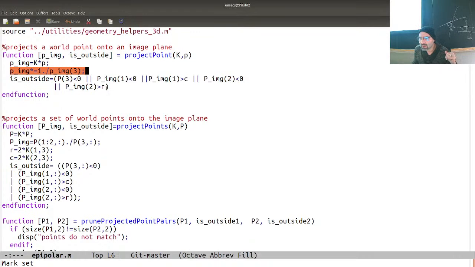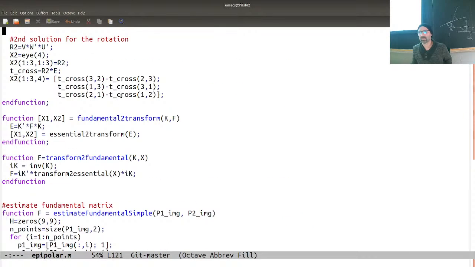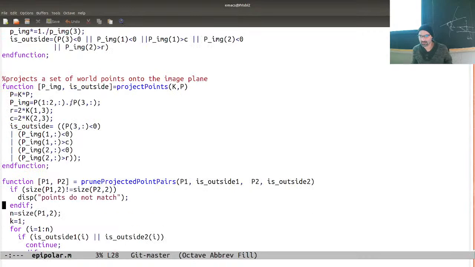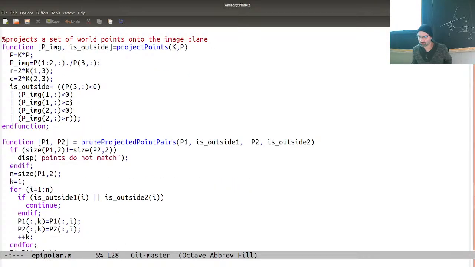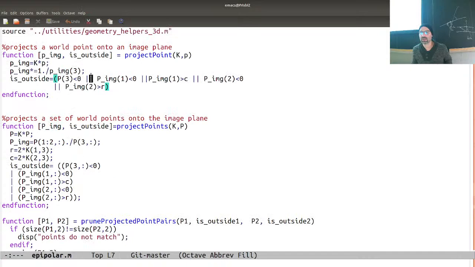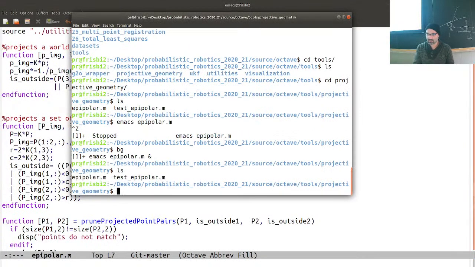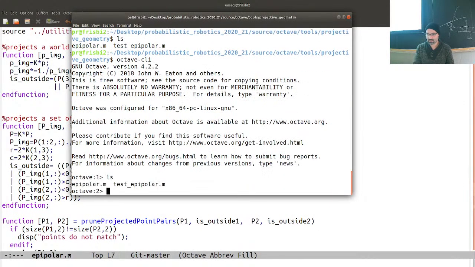Where is R? There is something, I think, where is C and where is R? And why does it work? One second. Octave, click. Okay. So, test the people.